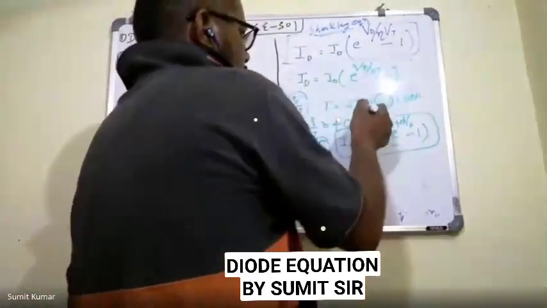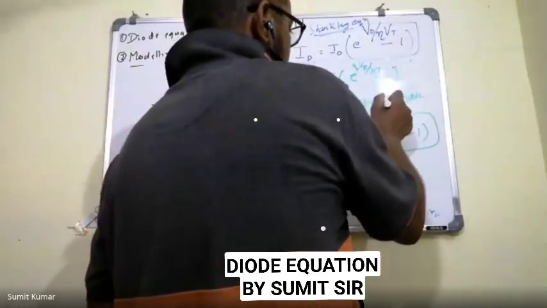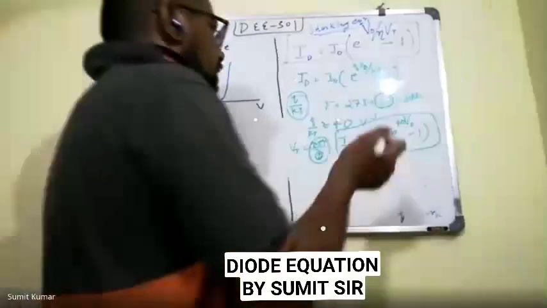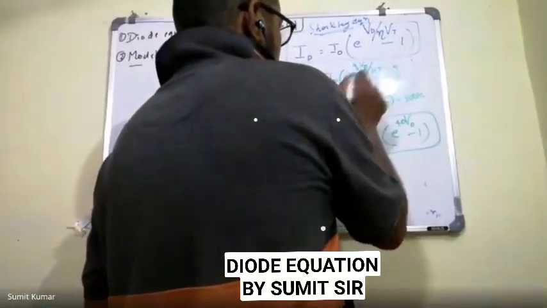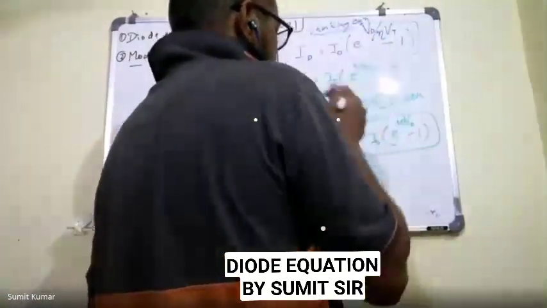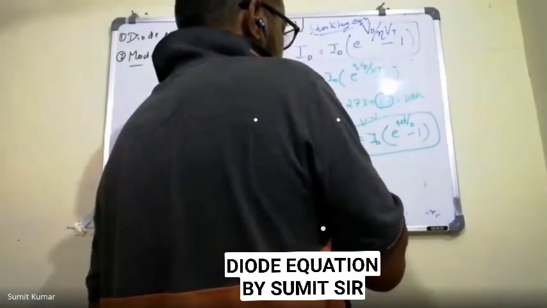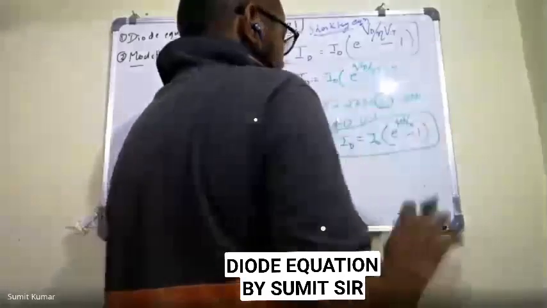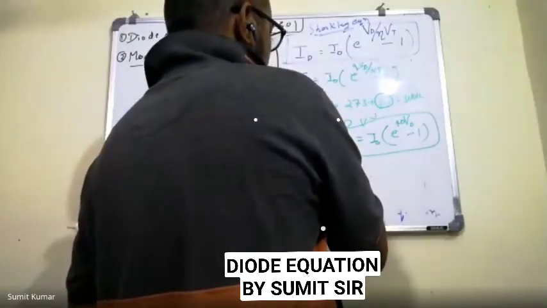So you can treat it as a normal temperature, NTP, normal temperature and pressure, which is also called 24-25 degrees Celsius; you might have learned this in physics. So T equals 273 plus 27 degrees Celsius, which is 300 Kelvin, and we have calculated the value of Q by Kt.